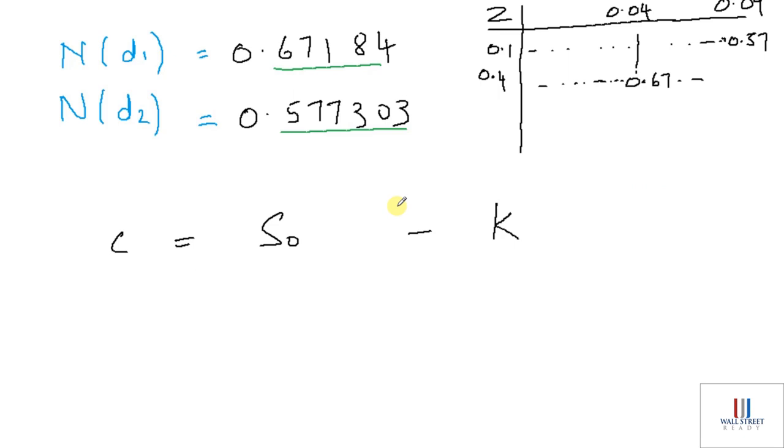So today's exercise price is the strike discounted to today, the exponent of minus risk-free rate times time to maturity. So that's your payoff today, and then you include your probability values, which are N(D1) and N(D2).